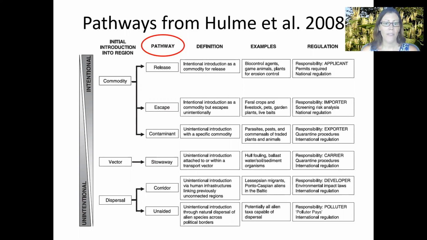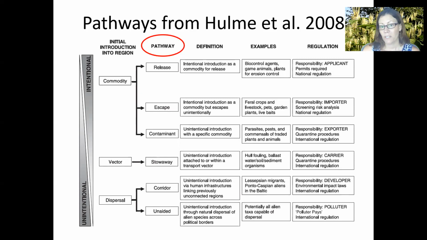That's why it's really important to understand these pathways of invasion, because there are different regulatory policy routes that you would take to address them. If you know that most invasive insect pests are coming in through this particular pathway, then you can specifically address that pathway and reduce the risk from invasive insect pests.